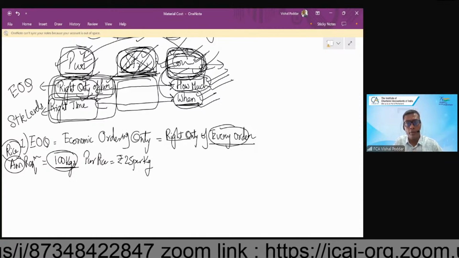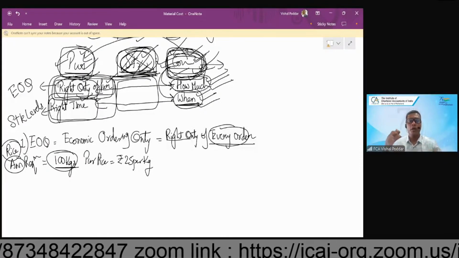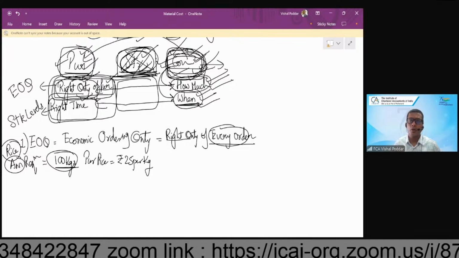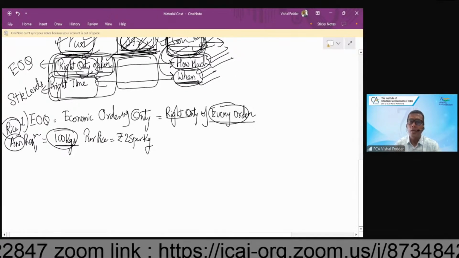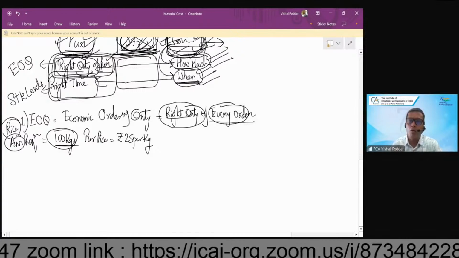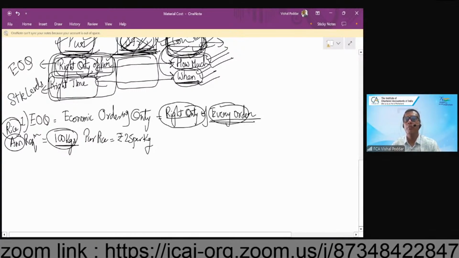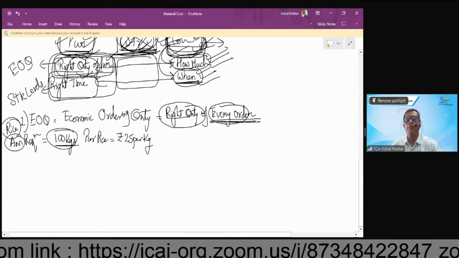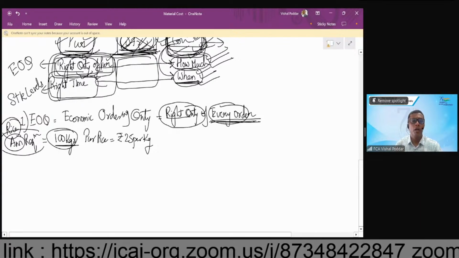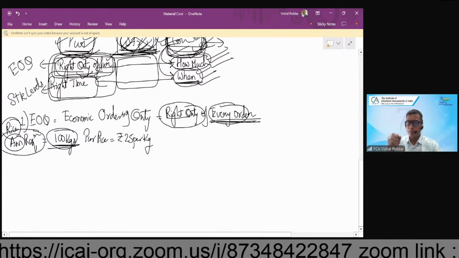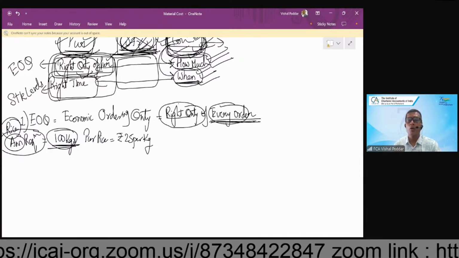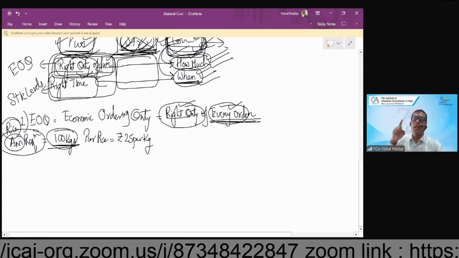Fine, that may be okay from their perspective. But if I'm looking at it from the cost perspective, at reducing my cost, controlling my cost, ensuring there is no wastage, then I will not go by that option. So I need to decide what is the perfect quantity which I should order every time so that my annual requirement of 100 is satisfied. The concept we are discussing is the right quantity which should be ordered every time.